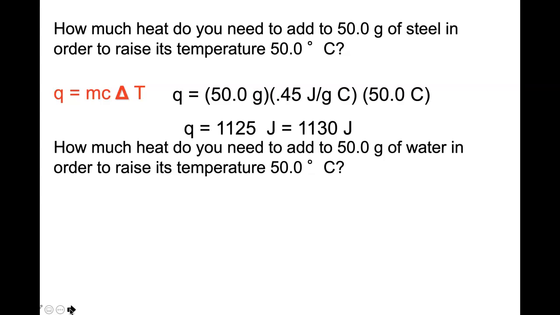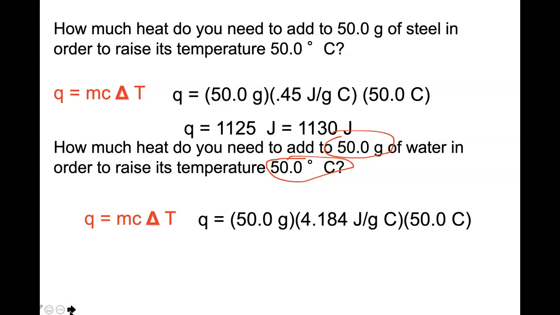So once again, hopefully you used that formula. You looked at what you were given. Once again, you were given 50 grams of water, and you wanted to change its temperature 50 degrees Celsius. So you could probably already guess that that number is going to be higher than the quantity of heat needed to raise the temperature of steel. And so simply plug those numbers in, and you're going to need 10,460 joules of energy.